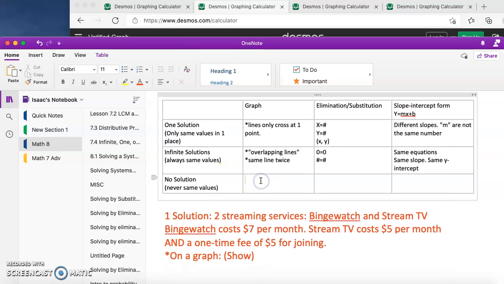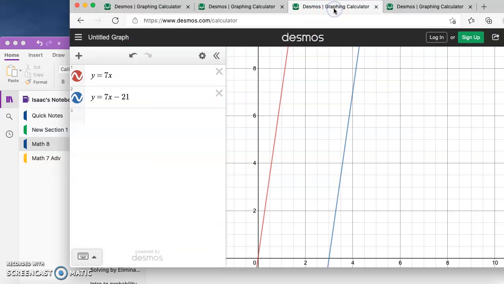And now for no solution. That is when I have, on a graph, parallel lines, and they never intersect. So, like these ones. It can be hard to tell on paper.